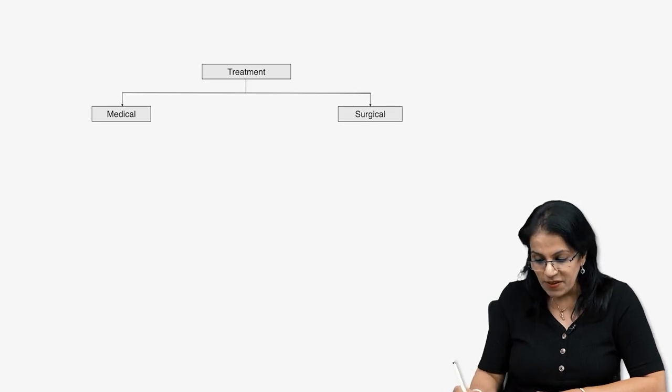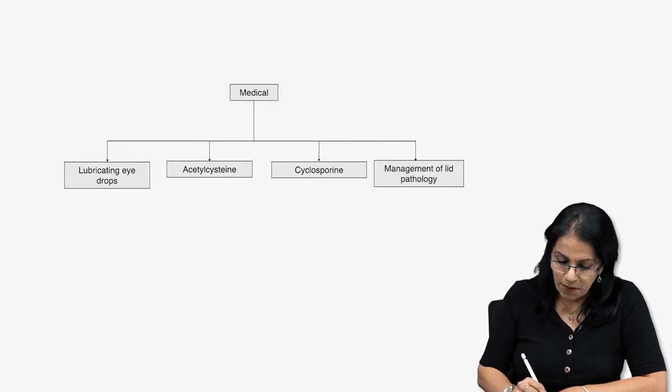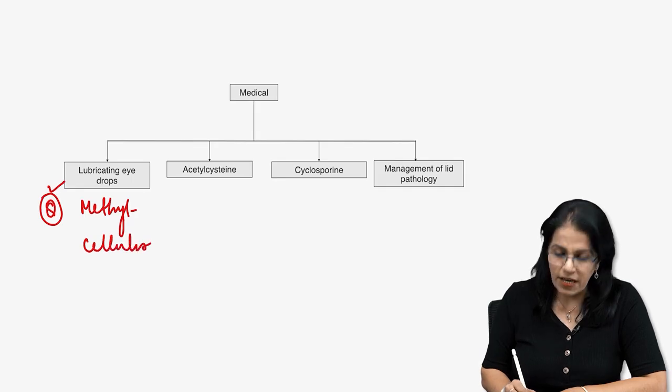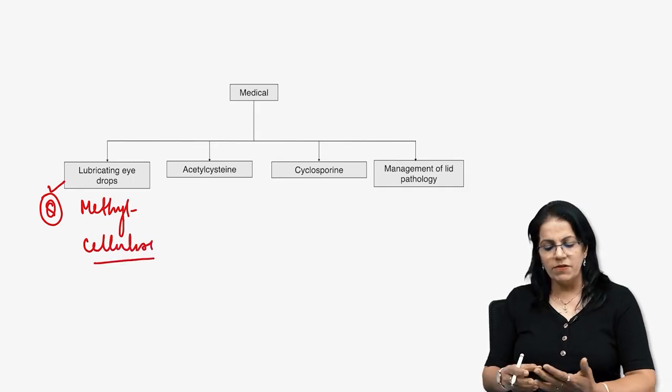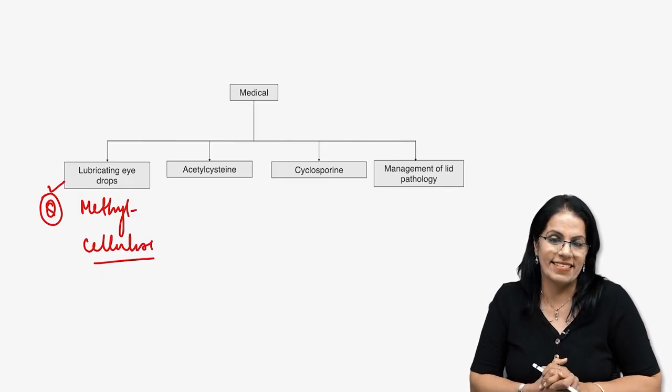Okay. So, first we talk about medical. Medical, of course, lubricating eye drops. Most commonly used, as asked in the exam, we all know it is methylcellulose derivatives. We can use povidone, polyvinyl alcohol combination or hyaluronic acid combinations.